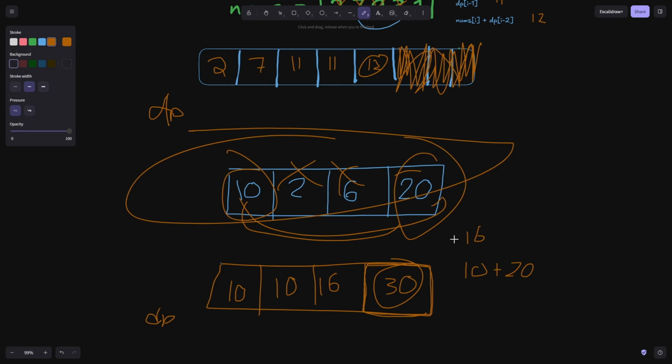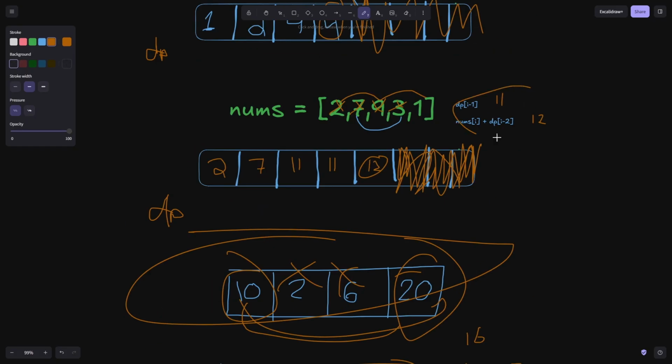You can have weird paths like this in terms of robbing houses, but our algorithm, doing these comparisons in our DP array, will still account for these edge cases. I just wanted to make you aware of that. Okay, and that's it. Now we're going to go solve this problem in LeetCode.